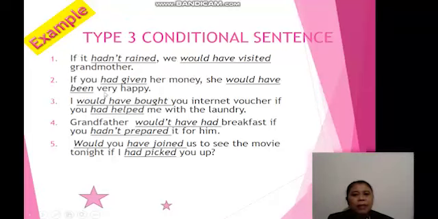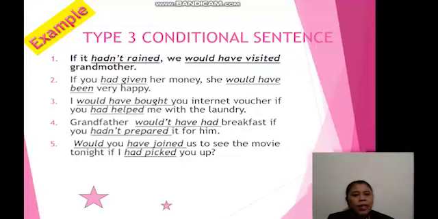If you had given her money, she would have been very happy. The third example, I would have bought you internet voucher if you had helped me with the laundry. Would have plus verb 3, and then in the if clause, had plus verb 3.